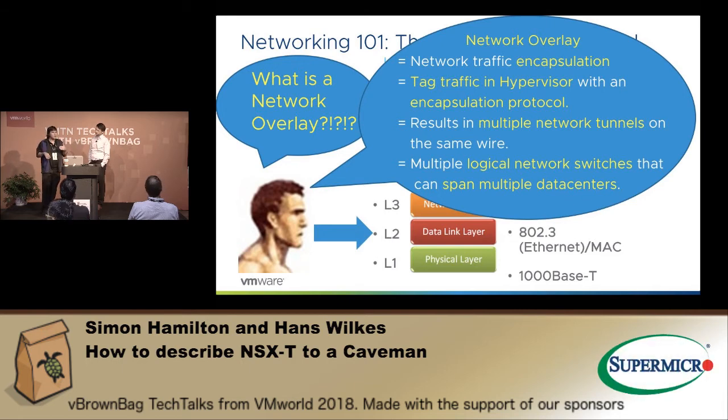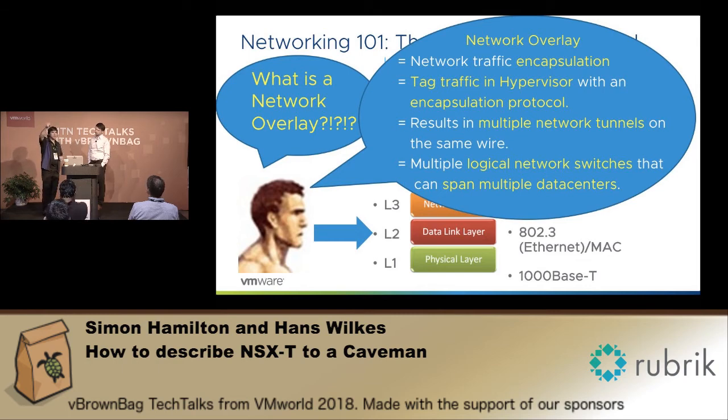So the network overlay, in words, is we use network traffic encapsulation. We take any traffic in a network, or in a hypervisor, and we say, we're going to tag you with an encapsulation protocol. And I'll give you an example of that here. I'm going to tag you red. And everybody else who has their traffic tagged with the color red, you're on the same network, okay?